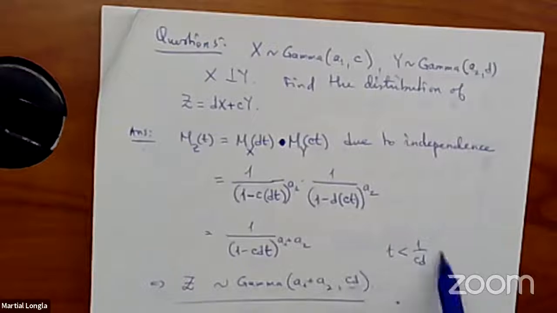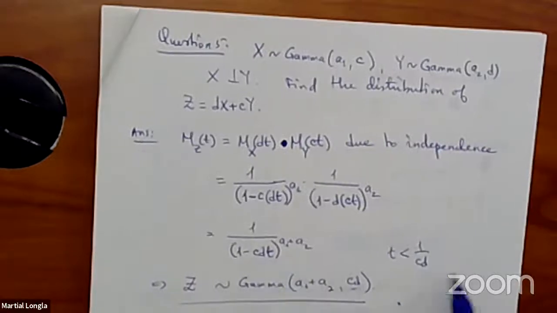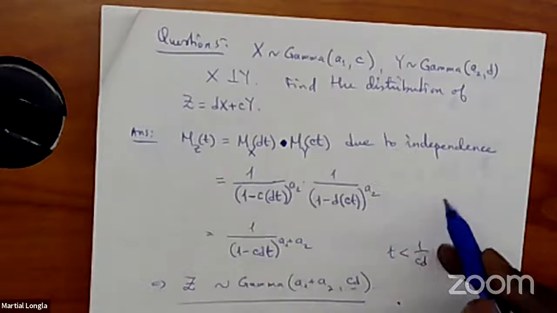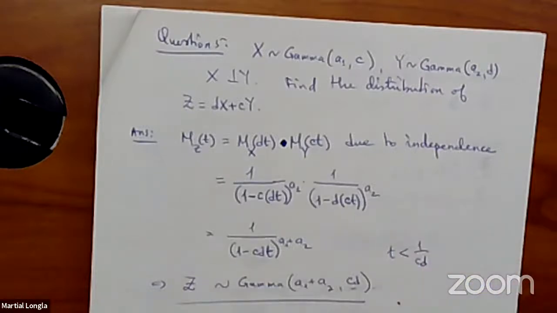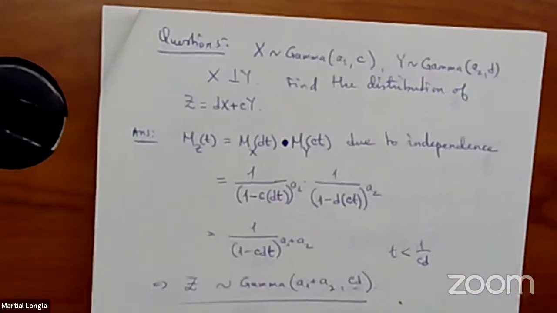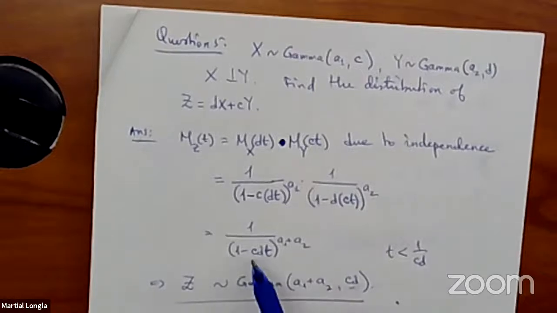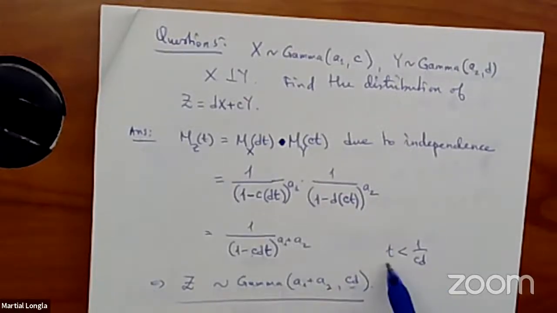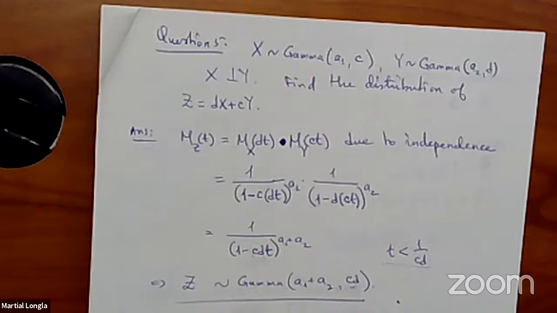So it's the coefficient that is here that has to be the condition, right? Because when you have beta, you have t less than 1 over beta, right? So the beta of this distribution is CD. That's it. Any questions?